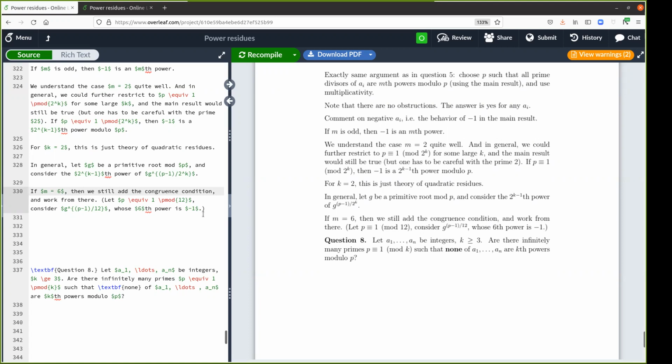And then by the main result, we can also guarantee that the primes qi are mth powers modulo p. So that gives us everything we need. Then we can use the multiplicativity property to get the result for any of our integers ai. Got it.